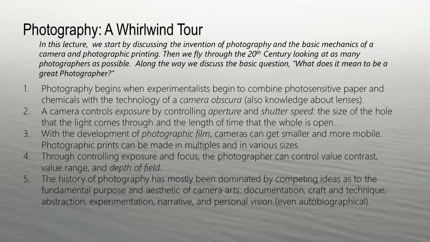But it's through those two means that you control how much exposure is getting to your image. With the development of photographic film and photosensitive paper, and really small cameras where the camera is a little tiny room, you can then make multiples, and you have a lot more control over the images that you can make.